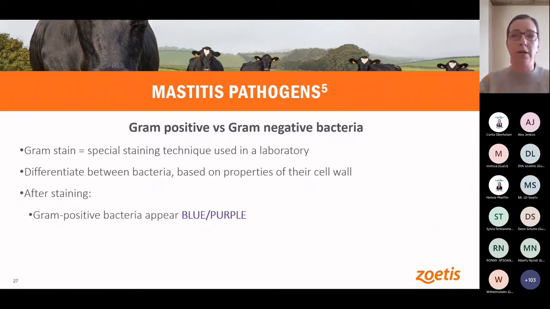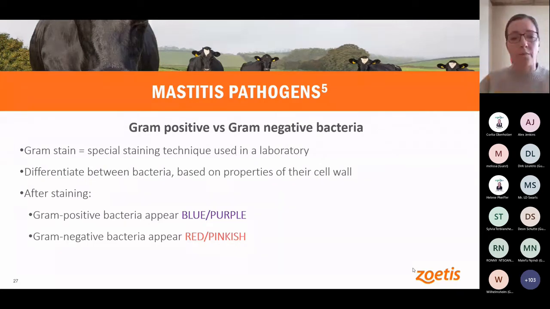They basically use different stains on the slide. They would use a crystal violet stain, then wash it with alcohol, and then counterstain with a red stain, I think it's called safranin, I can't remember exactly.